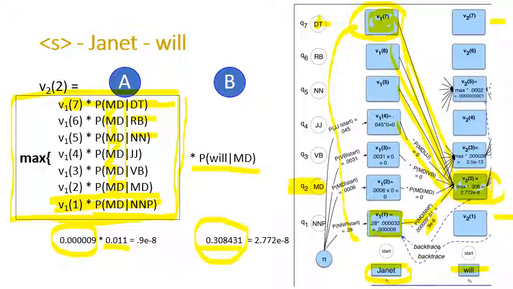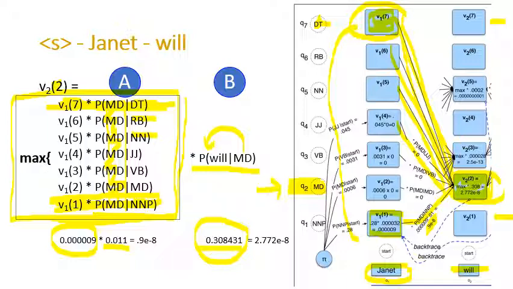You need to say it is transitioning from DT to MD. Why MD? Because you are calculating V22, and 2 is the tag MD. So you multiply V17 times the transition probability from DT to MD, times the emission probability that the tag MD will produce the word will.